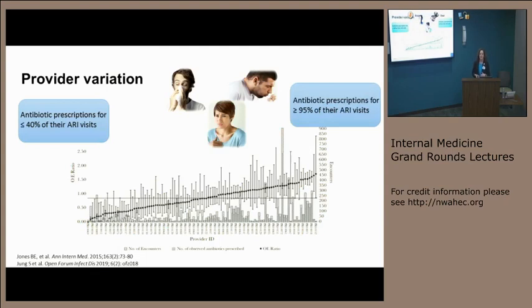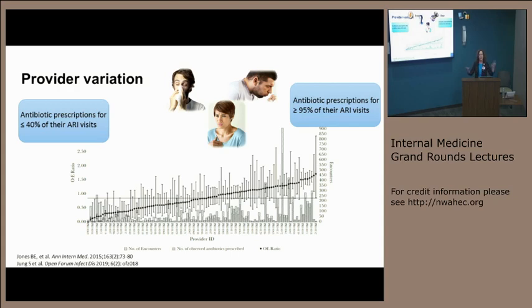And interestingly, there's quite a bit of provider variation in antibiotic prescribing. A lot of the literature and data on this has been in the outpatient setting, looking at acute respiratory infections, because that was one of the key target areas of the Get Smart campaign.